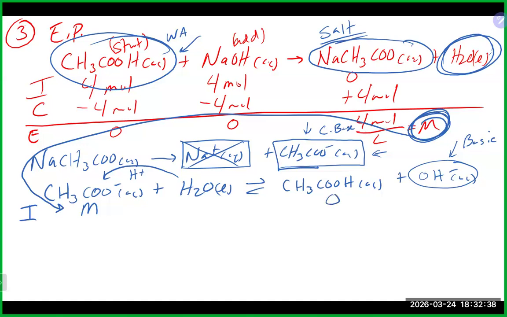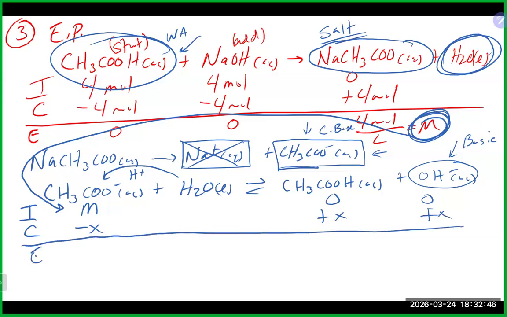This is going to be a 0-0 type of ICE table with some X's at this point, since we're kind of doing molarity again. And that'll be our initial minus X, X, and X. This is going to go into our K expression here of our products over our reactants.